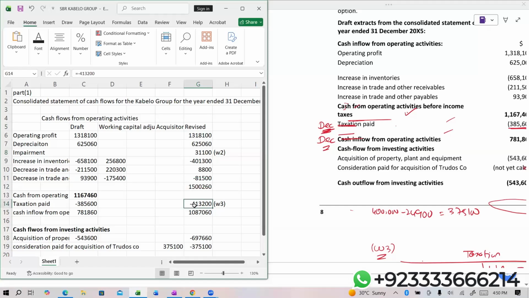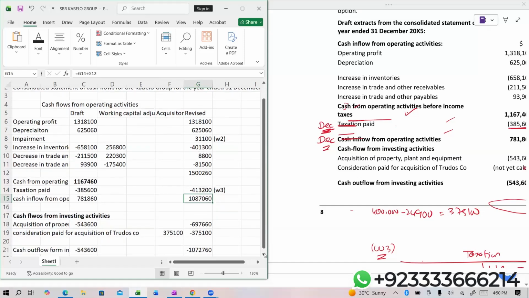Taxation paid is here, students. 4,13,200. I hope we calculated this. We have calculated the same amount. Here comes the cash inflow. Then property and equipment.